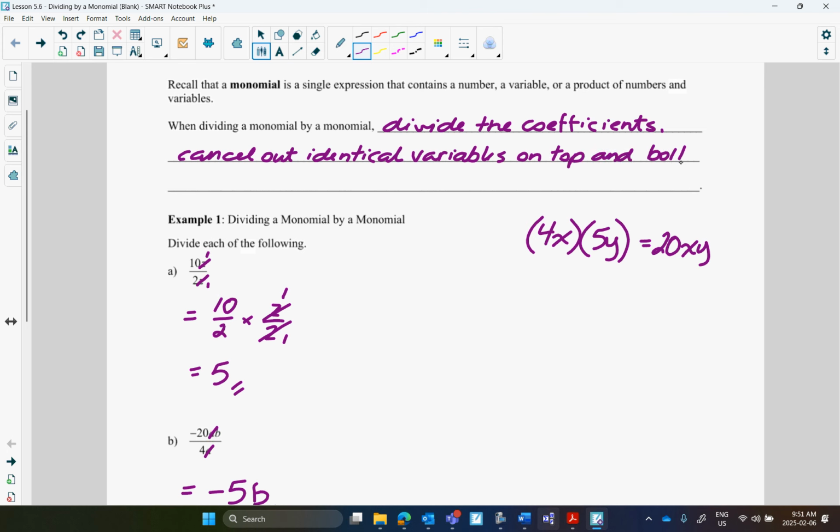And then multiply any remaining variables. So what I mean by that, you can look at this one: divide the coefficients to get -5, cancel out any identical variables, which are the a's, and then multiply any remaining ones, so I have a times b.